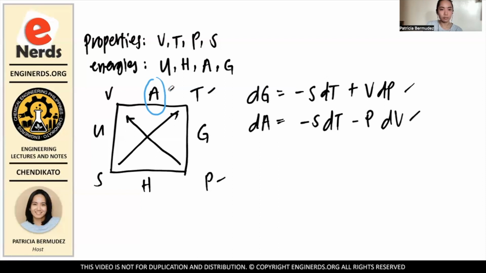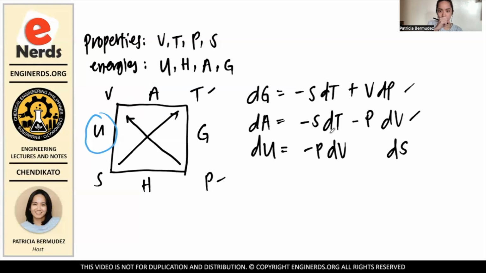And next, we're gonna go with the internal energy. So, our internal energy is in between volume and entropy. So, it's a function of volume and entropy. Okay? But then, the volume, where is it connected? To pressure. And again, you're going backwards. So, it is negative P. Okay? And then, S. Here, you started at S, but then you're going towards T, and you're going from the tail of the arrow to the tip.